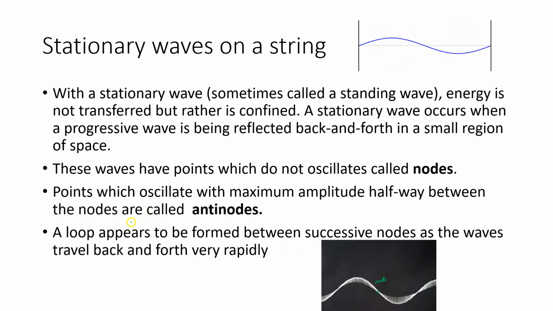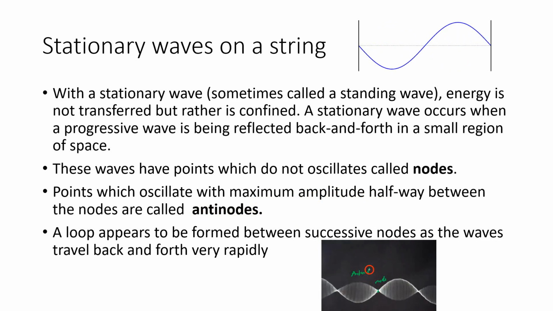Now it says there are points which oscillate with maximum amplitude. That is what we call an antinode. So right here is going to be an antinode, and that is just the point where the maximum oscillation occurs, pretty much talking about your amplitude, so to speak.